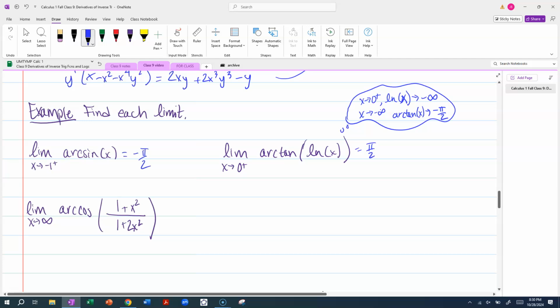Another thing we can do with limits, and you might remember this, is the limit of composite functions. We can actually move the limit inside. So this is equal to arctangent of the limit as x goes to 0 from the right of natural log of x. Composition of continuous functions is continuous.